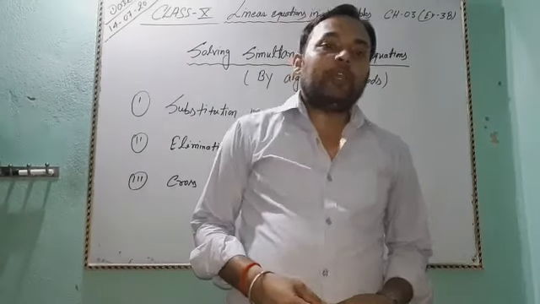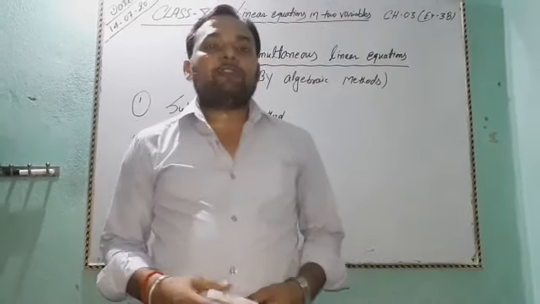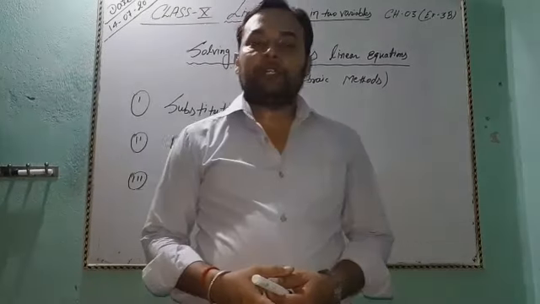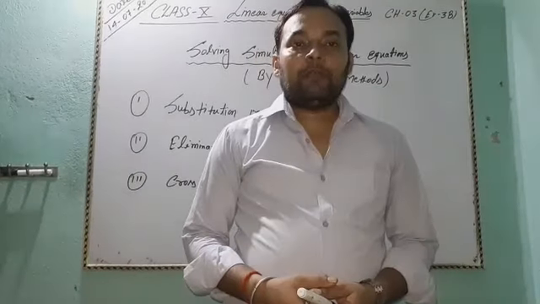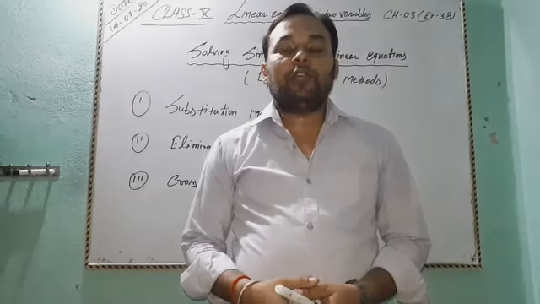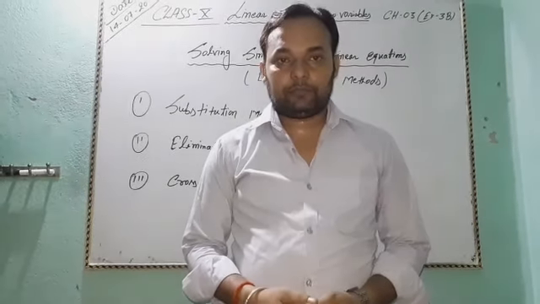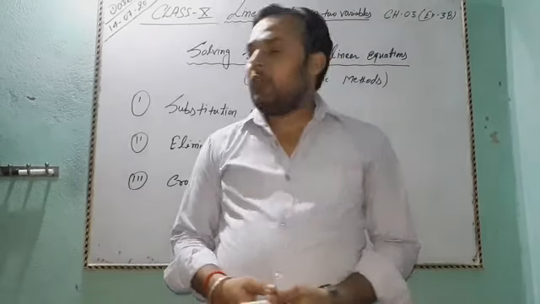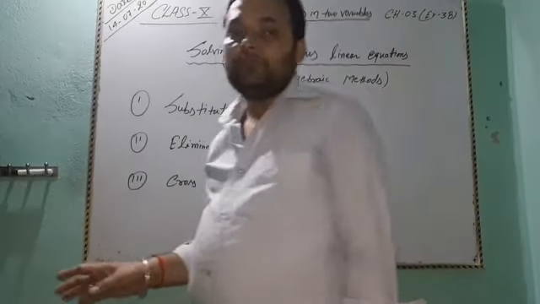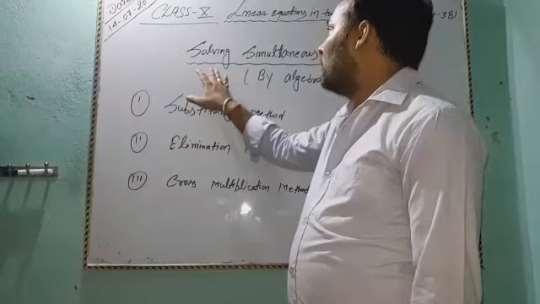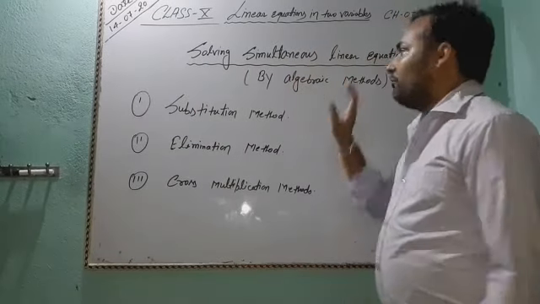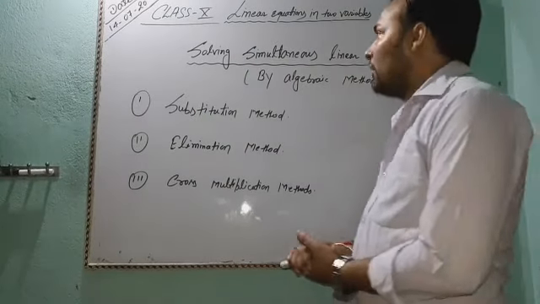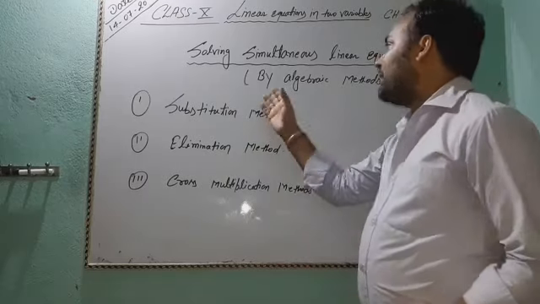Students, today I am going to start exercise 3B of chapter 3, class 10, linear equations in two variables. Today we are going to discuss solving simultaneous system of linear equations by algebraic methods.